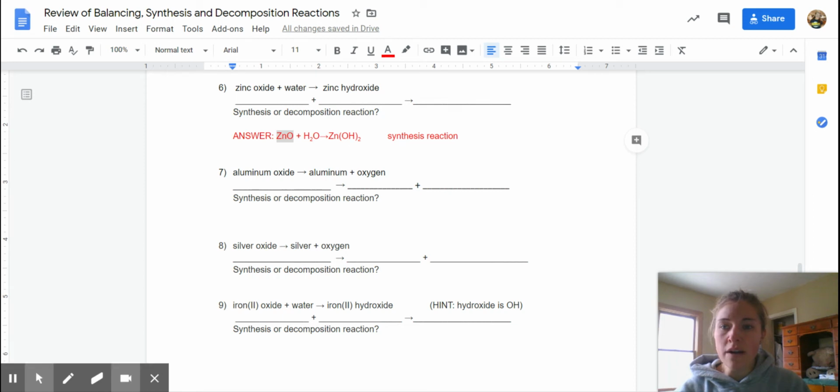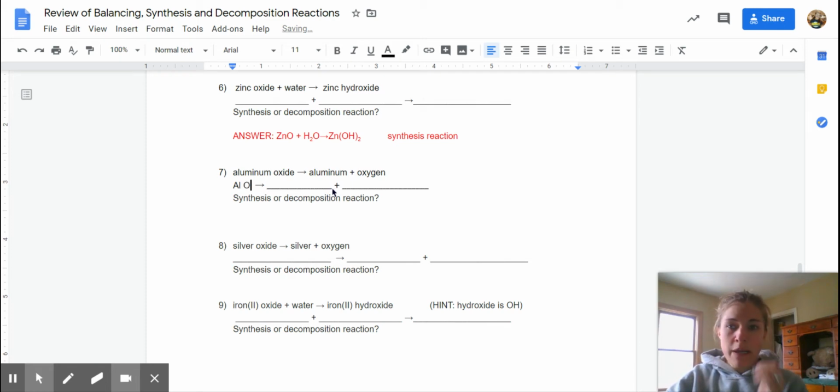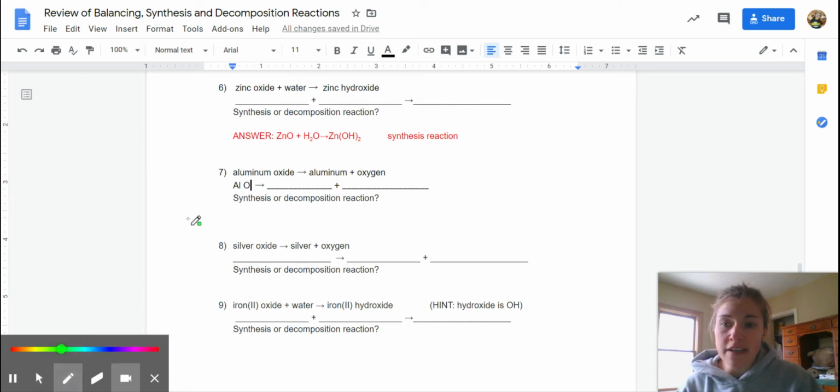All right, so for our next one, we have aluminum oxide, which equals aluminum plus oxygen. So for aluminum oxide, that is going to be Al, oops, lowercase l, and oxide is going to be just O, so AlO. With that, we happen to know the charges on these things as well.